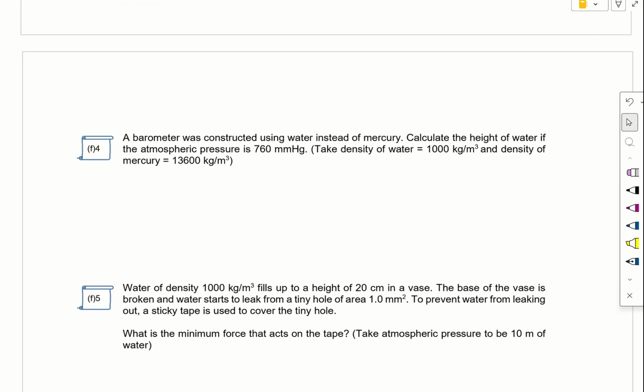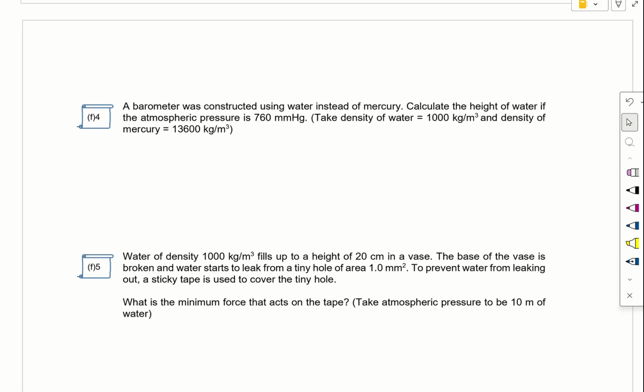Okay, a barometer was constructed using water instead of mercury because mercury is poisonous, but the density of water is 1000 kg per meter cube, which is actually 13.6 times lower than mercury. So now they want us to calculate the height of water if the atmospheric pressure is 760 mmHg.